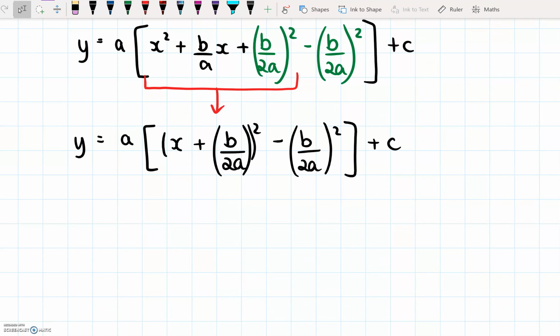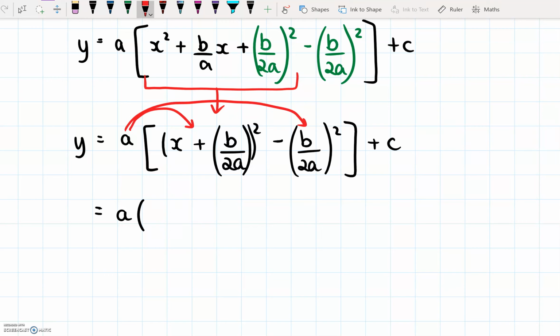All right, so we get a, and we're not going to have the square bracket anymore, because what we're doing at this point is we are multiplying a by both terms in the bracket to expand it.